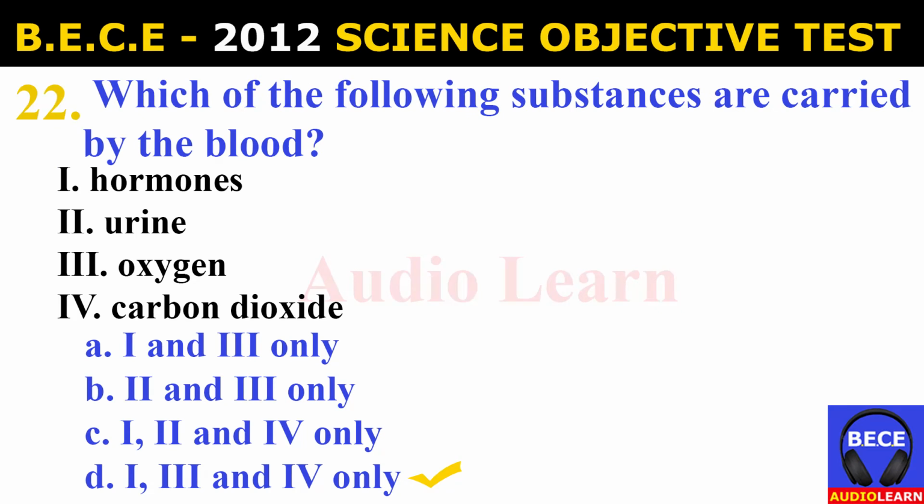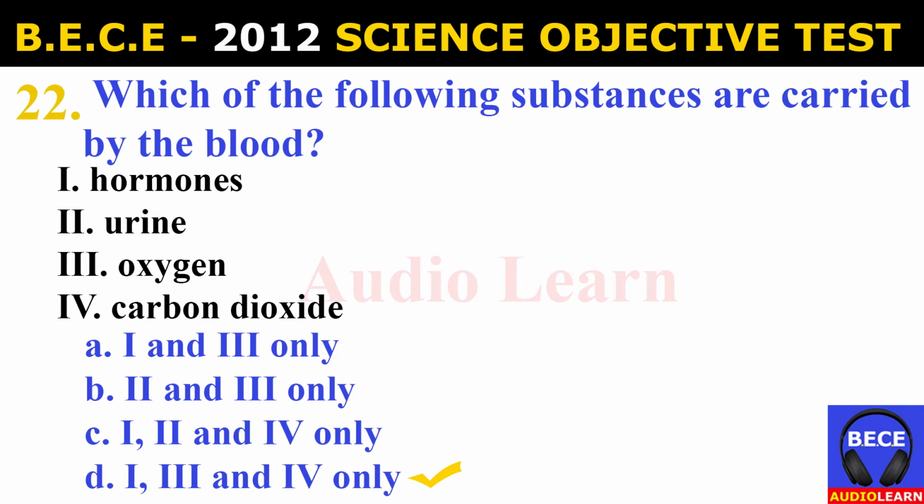Number 22. Which of the following substances are carried by the blood? I. Hormones. II. Urine. III. Oxygen. IV. Carbon dioxide. And the possible answers are A. I and III only. B. II and III only. C. I and IV only.